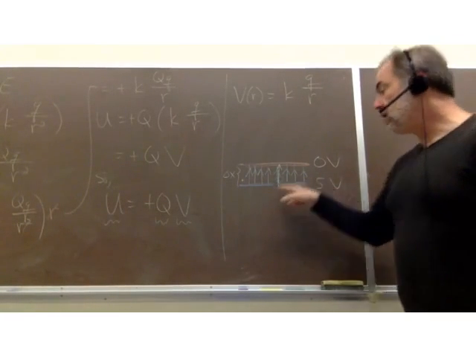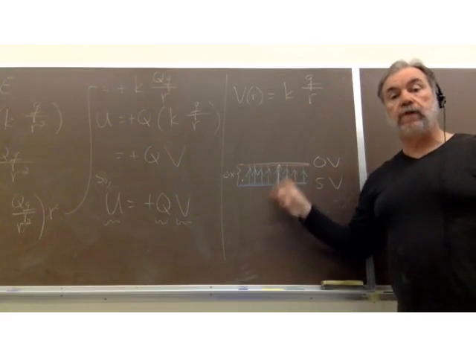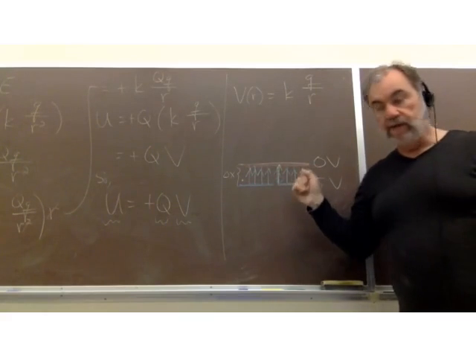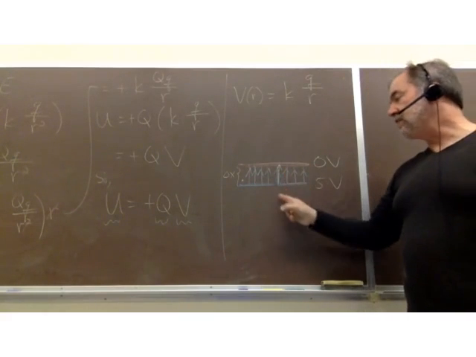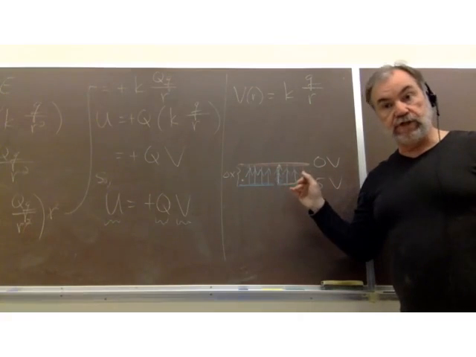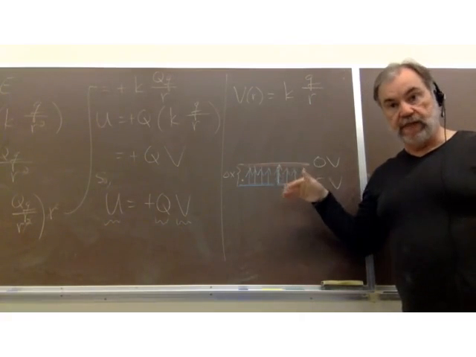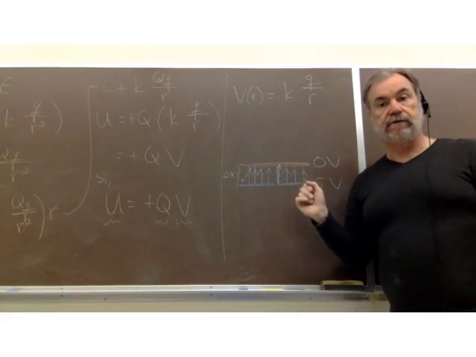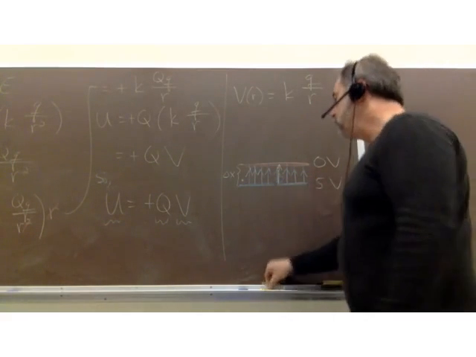And when I talk about falling, I'm talking about falling through a change of potential, not falling in space. Even though it's moving up, I say it falls, but it's falling from one potential to another, and one's higher than the other.